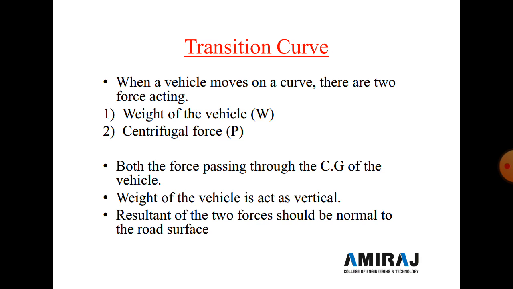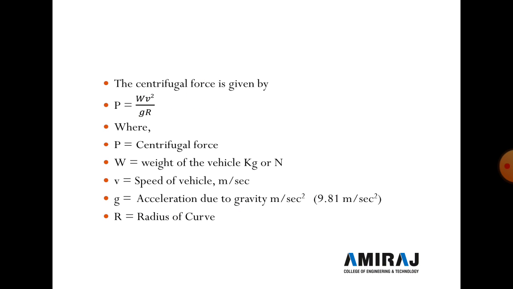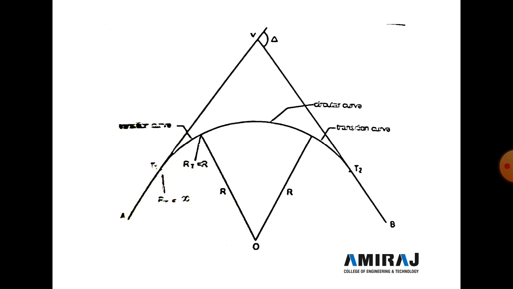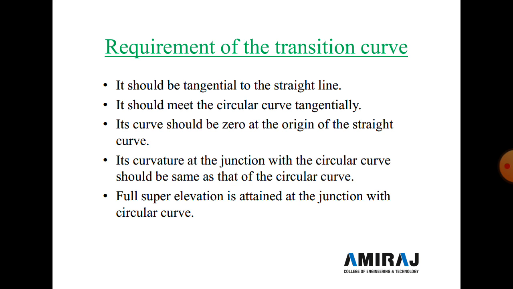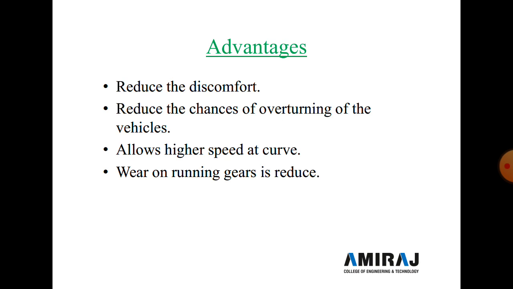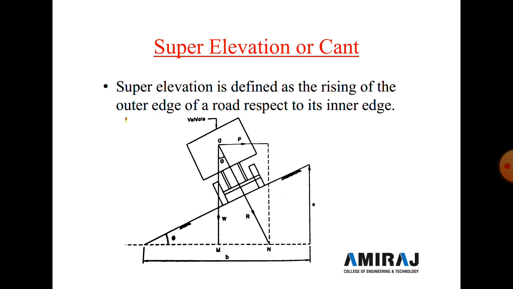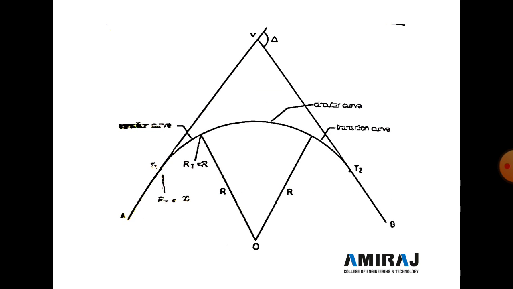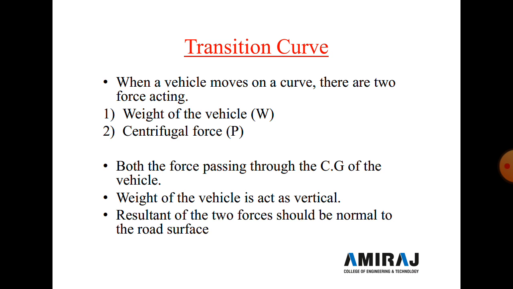Now the next topic we start is the transition curve. When a vehicle moves on a curve, two forces are acting: the weight of the vehicle W and the centrifugal force P. This topic you already learned in the MOS subject.